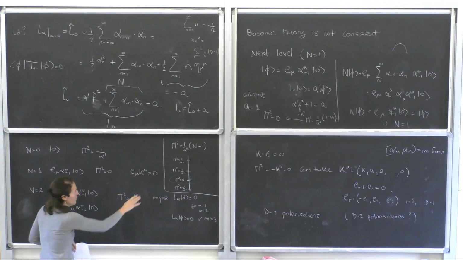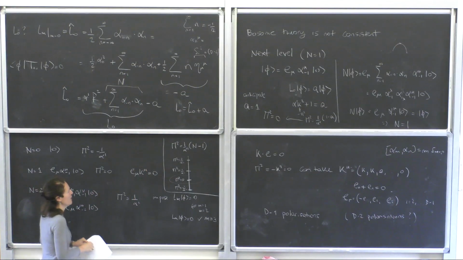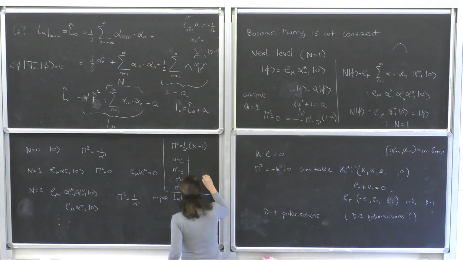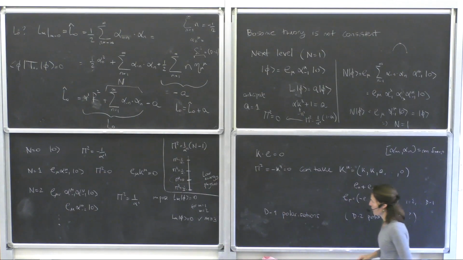So in the superstring, we'll also have this tower of states, and they will be very massive. So if you want to do any low energy physics, you concentrate on this massless sector.